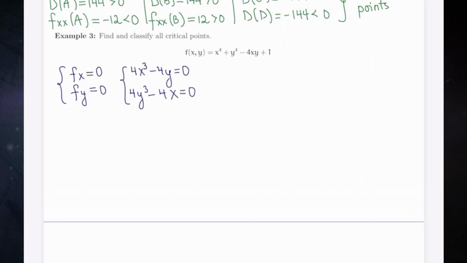We're going to set that equal to 0. Okay. You can see how these equations are very similar, right? Let's go ahead and reduce it by 4. We're going to get x cubed minus y is equal to 0. And then here, we're going to get y cubed minus x is equal to 0.